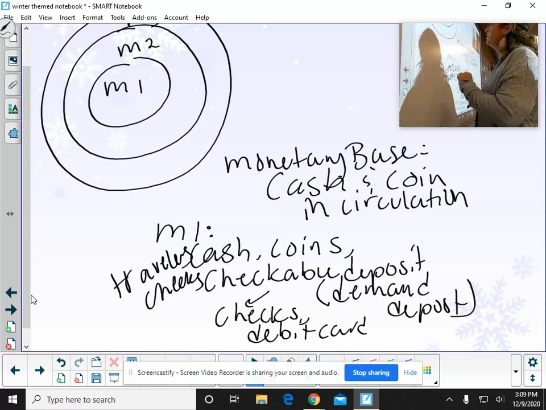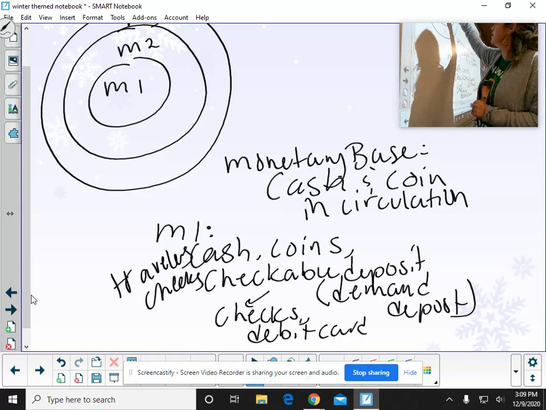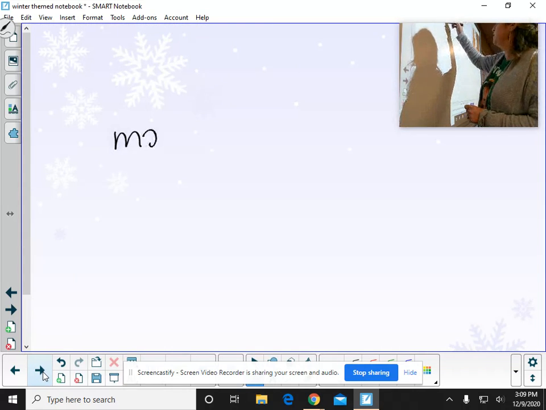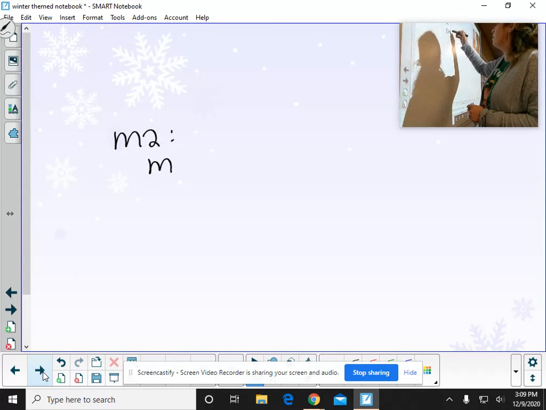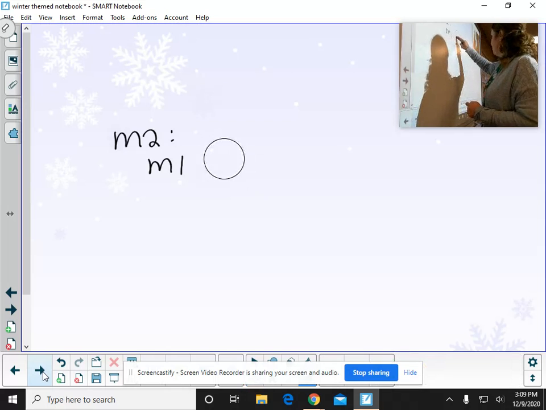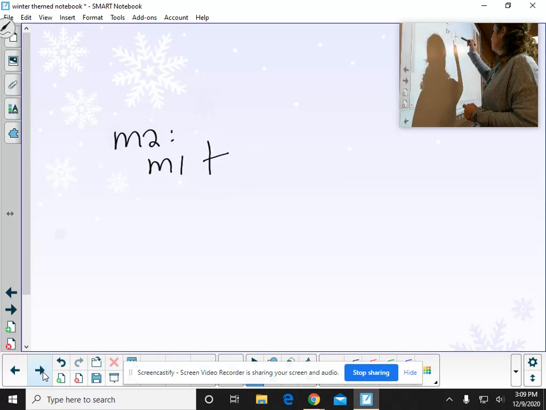So M1 is also in M2. M2 includes everything in M1 plus lower liquidity assets. Plus savings accounts.